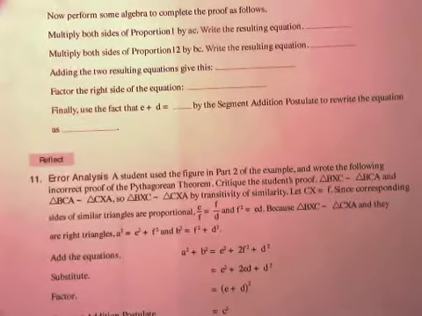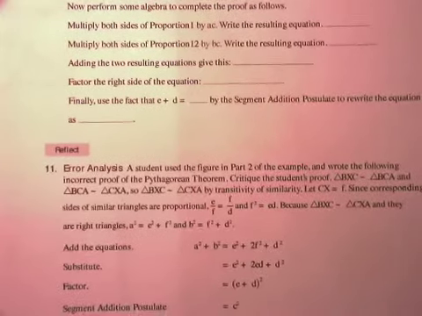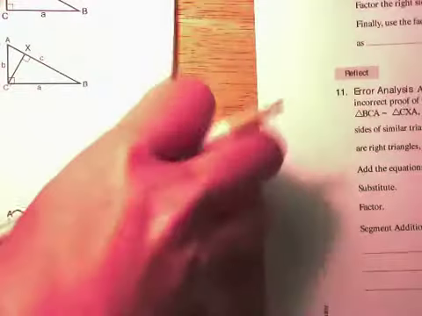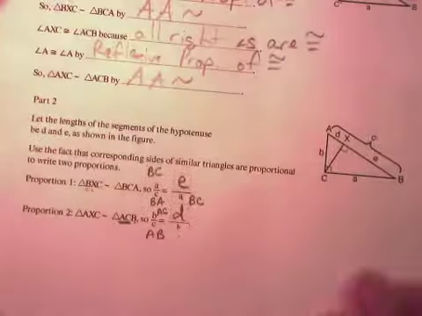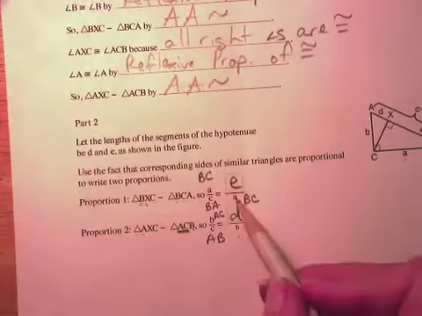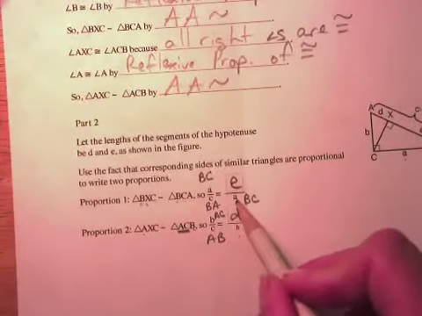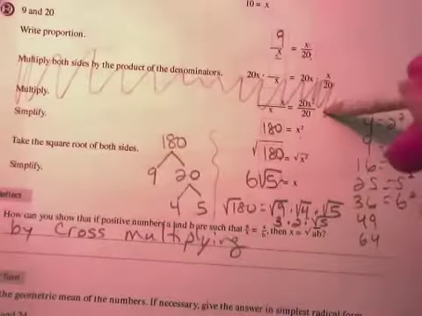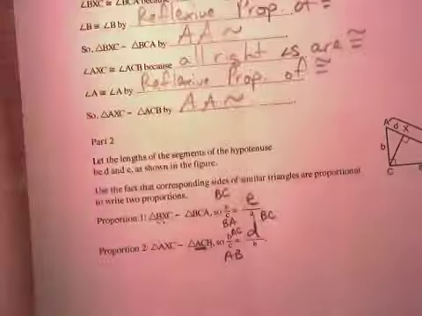And now they say, perform some algebra to complete the proof as follows. Multiply both sides of proportion 1 by AC. So once again, what they've got us doing here is the same kind of weird math that they had going on here. I don't understand why they're trying to make cross-multiplying more difficult than it needs to be.